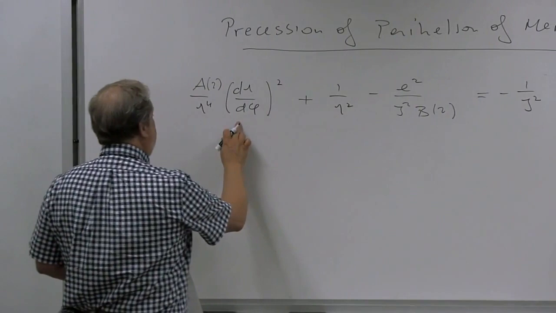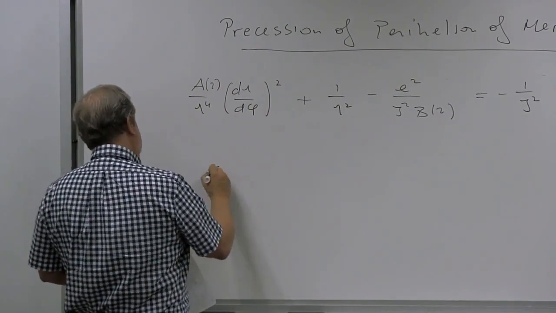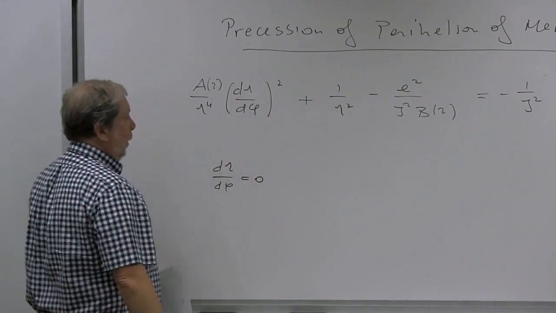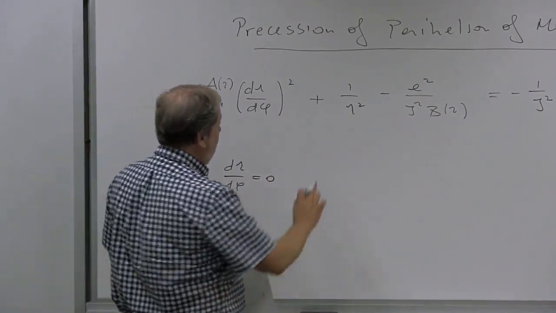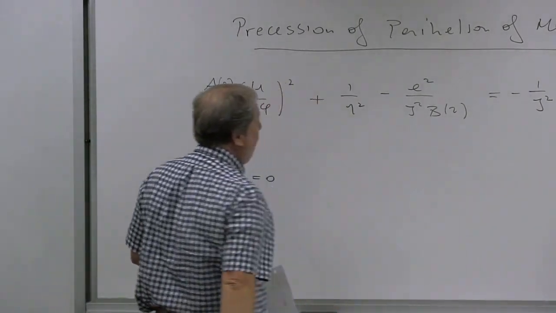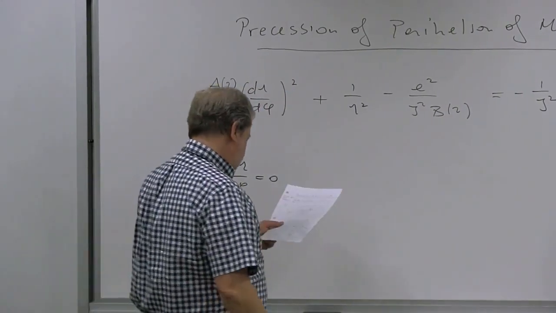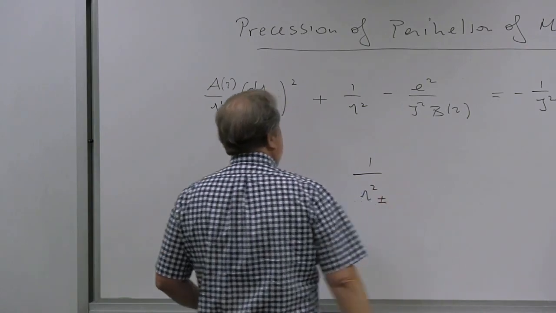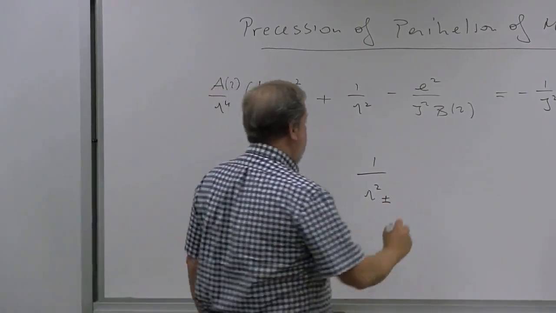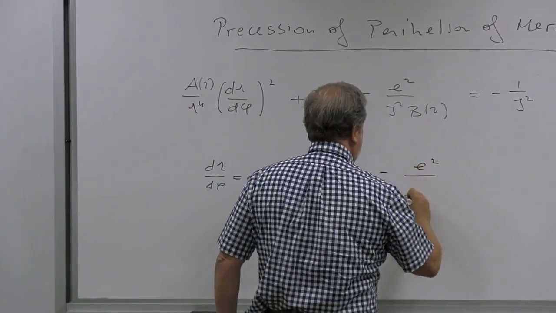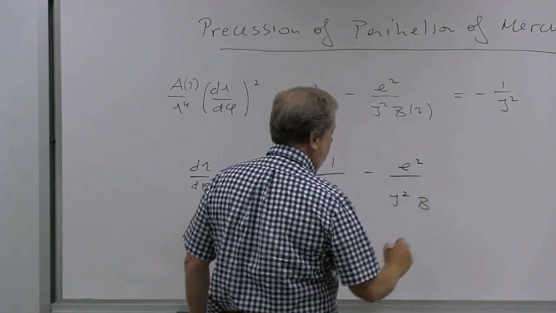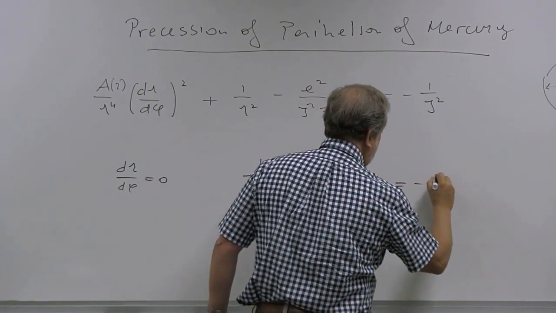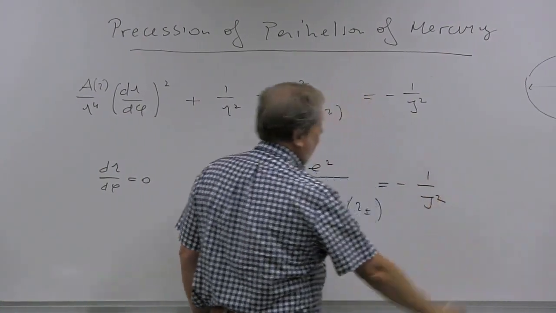Nevertheless, at the perihelion or the aphelion, dr/dφ is equal to 0, and at that point, of course, the rest has to balance out. So we have 1 over r squared plus minus E squared divided by J squared times the B function at those values, r plus minus, equal to this constant, which is minus 1 over J squared.